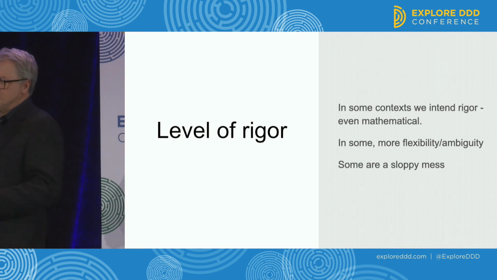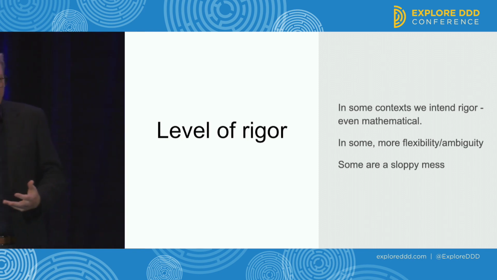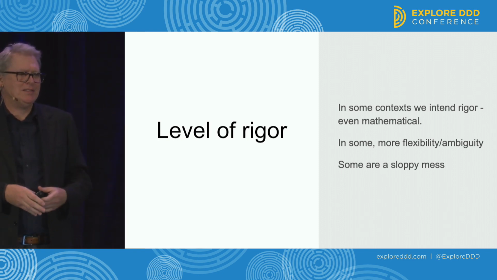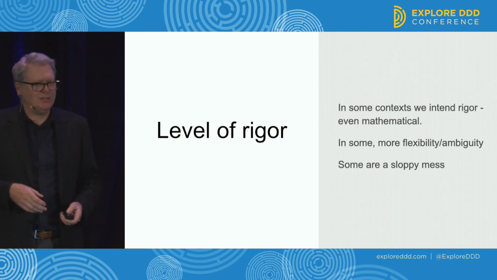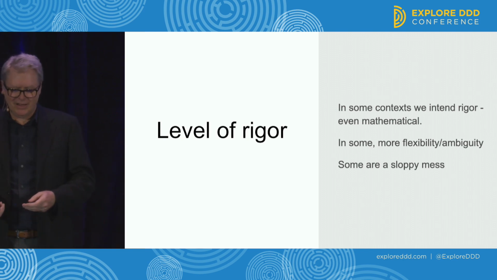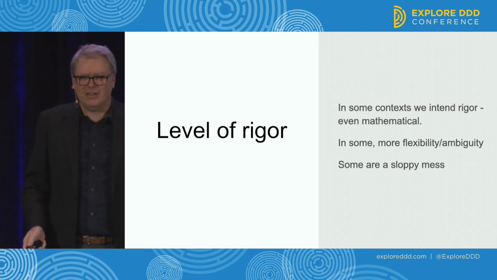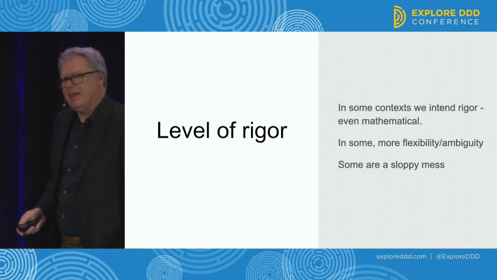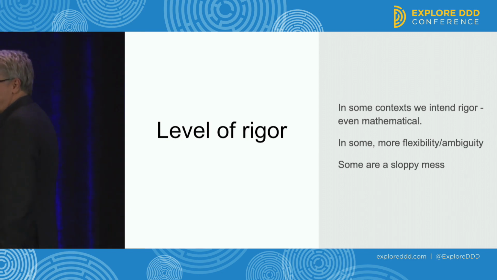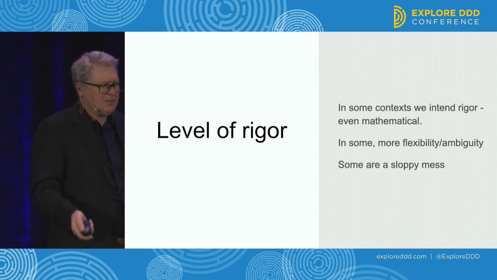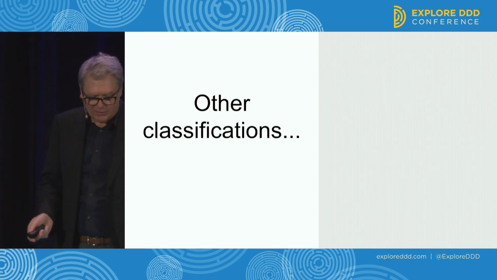And then there are things where this has just gotten out of hand already. It's a sloppy mess, so don't kill yourself trying to do math here, right? And if we labeled our contexts accordingly, part of the responsibility of maintaining these contexts would be to live up to the expectation there, or down to it.